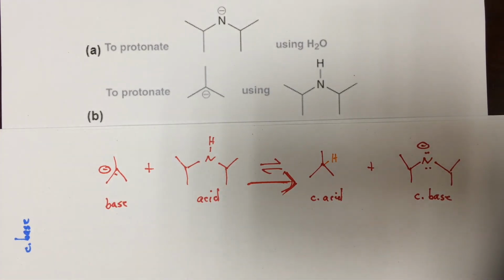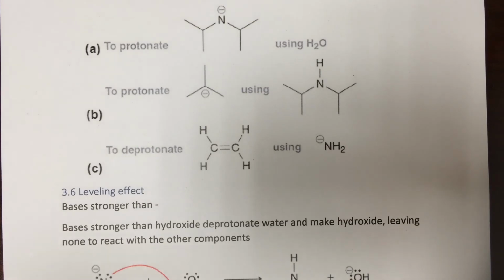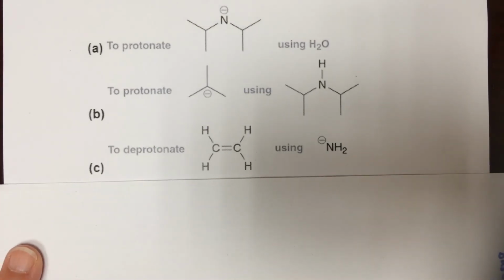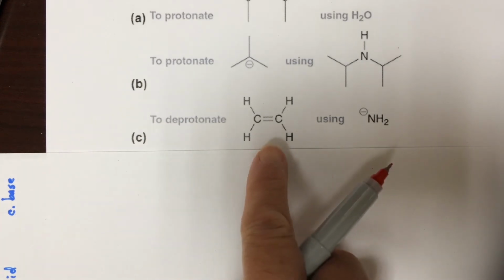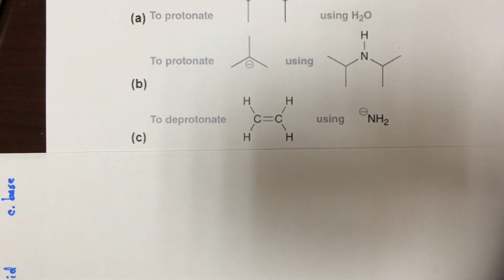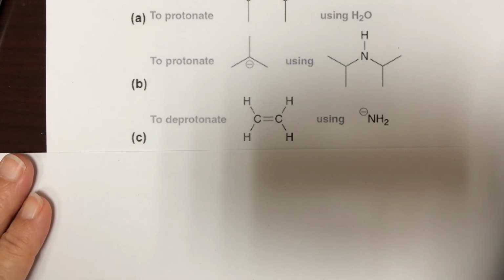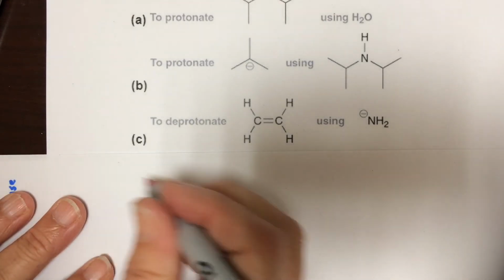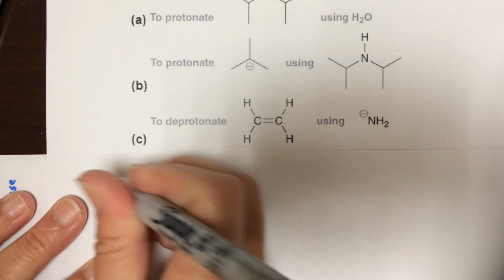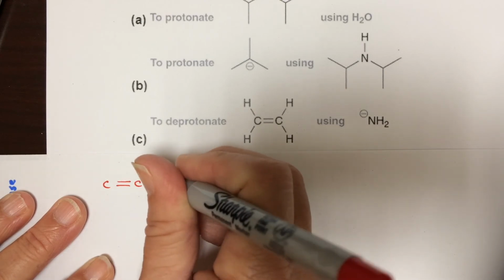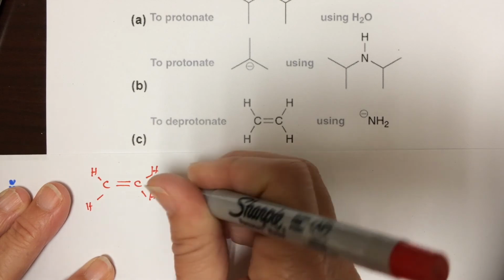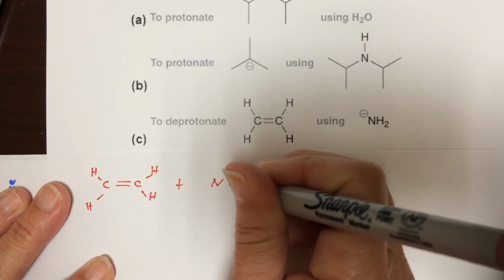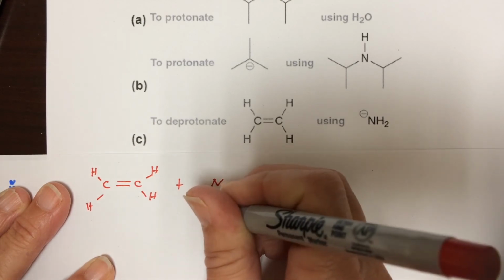Okay, so let's look at our last example of these. Can we deprotonate this using the amide ion, sorry. So we've got our ethene, and I'm going to draw it out like this.